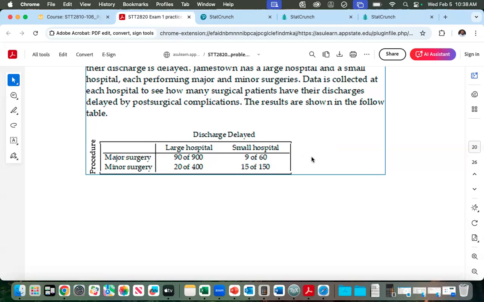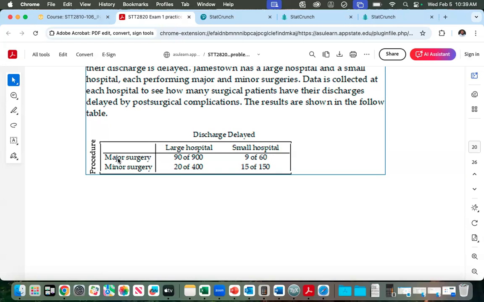How did I do that? I'm looking for the discharge delay for each kind of surgery. This is major surgery. So I start with major surgery. So I write major surgery. And then look at large and then a small hospital, 90 and then 9.